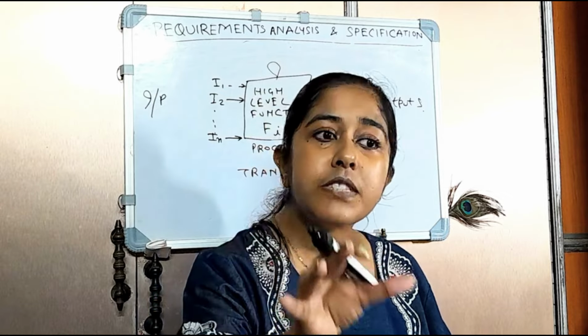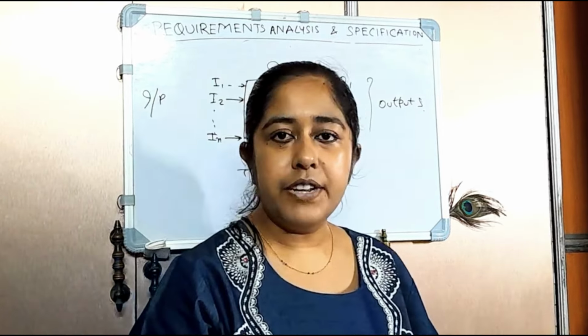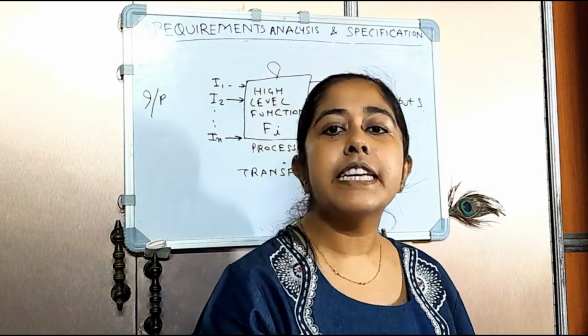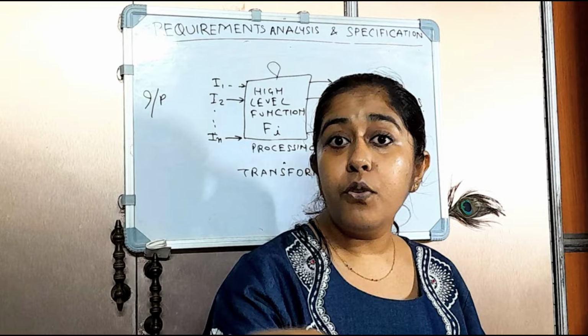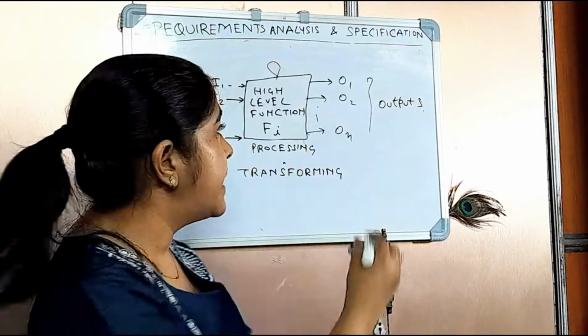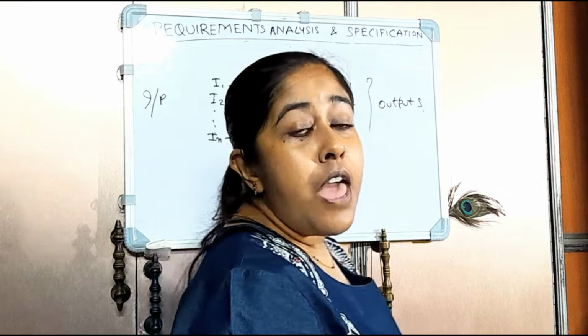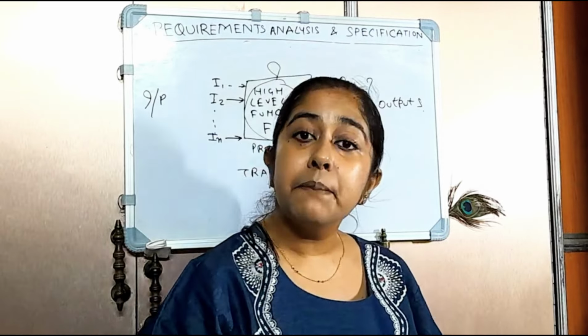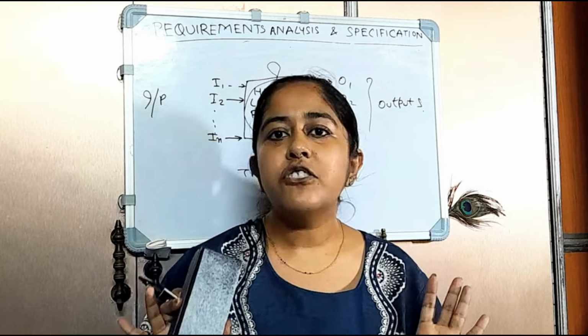Mainly what your system is going to do. Those functions are only given here: the input, the output, and what is going on within this high level function. The transformation function is the main thing here. So these things are known as the functional requirements.